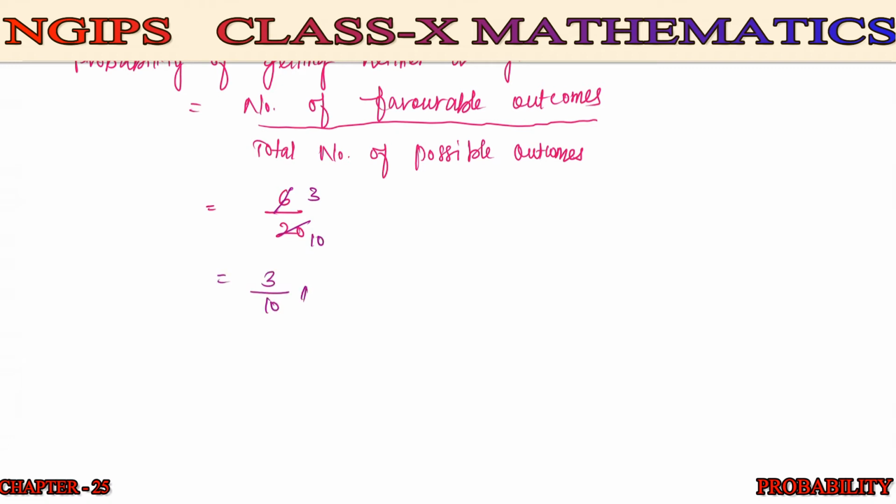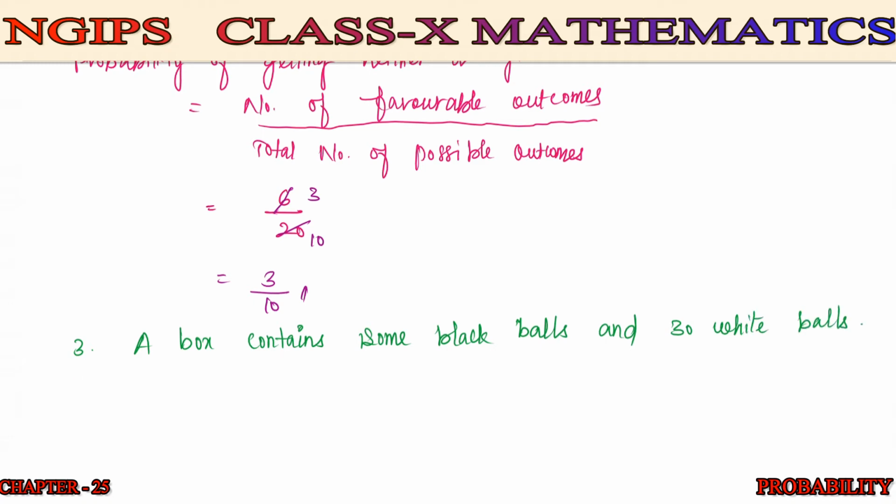Next we will move to the third question. Third question. A box contains some black balls and 30 white balls.